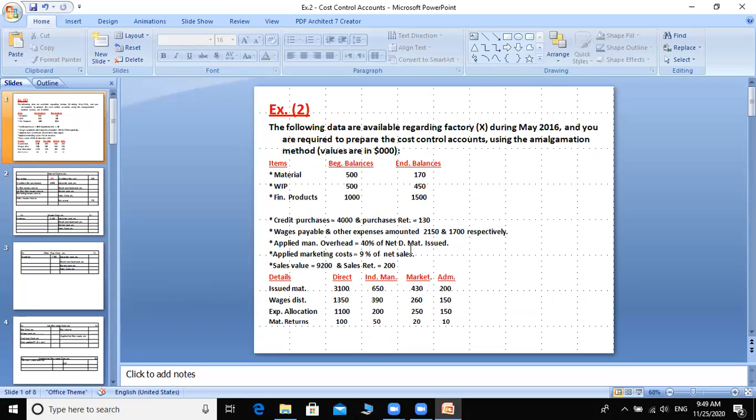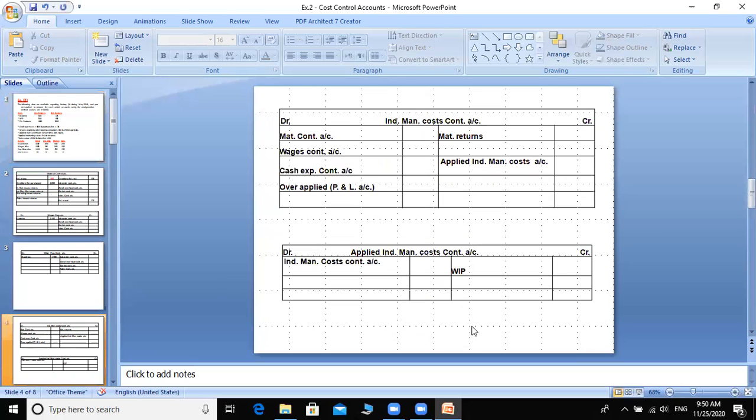This net direct material issued, 3,100 minus 100, the 3,000, out of which 40% will be applied manufacturing overhead. So 3,000 times 40% gives 1,200. 1,200 applied manufacturing overhead.